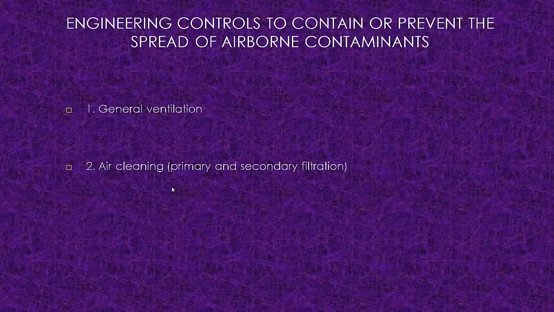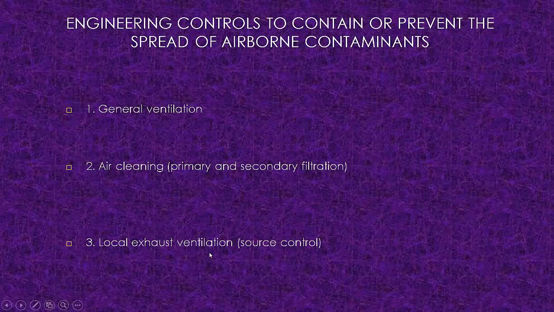There are also high efficiency particulate filters that can clean airborne particles, and they can clean 99.99% of air. So we can use these filters according to the requirement for the cleaning of air. They can also decrease the spread of airborne contaminants.